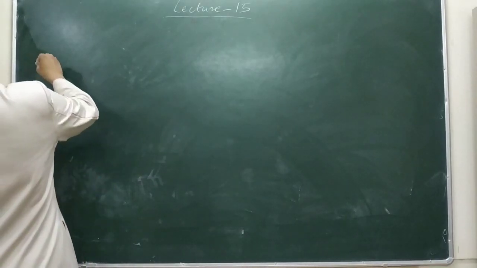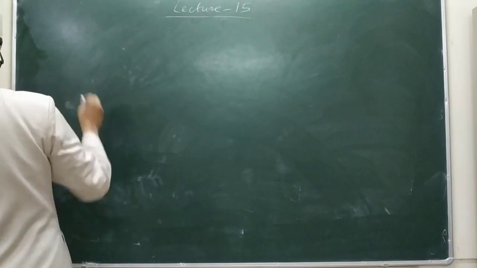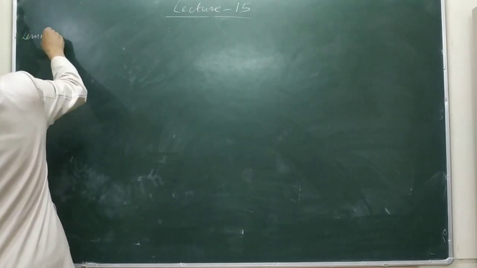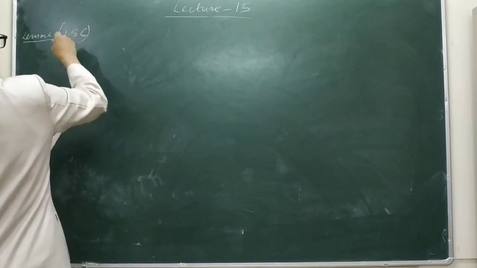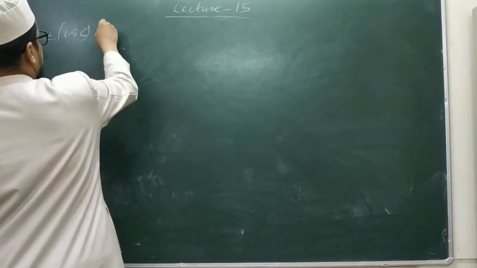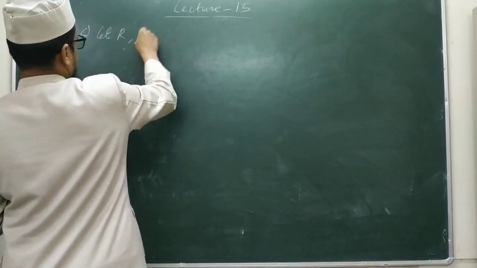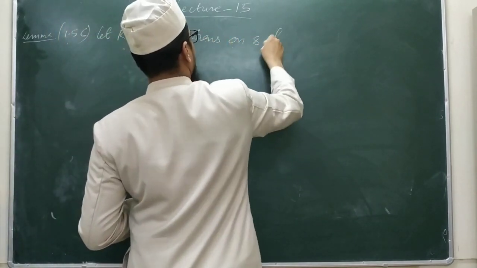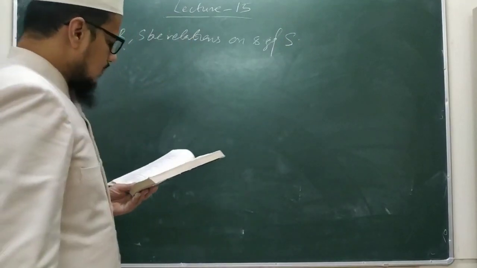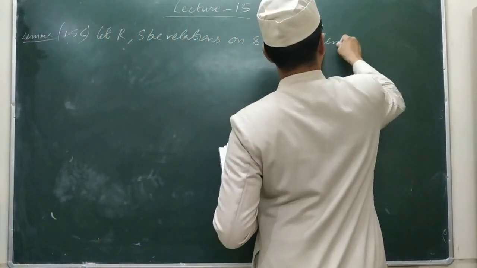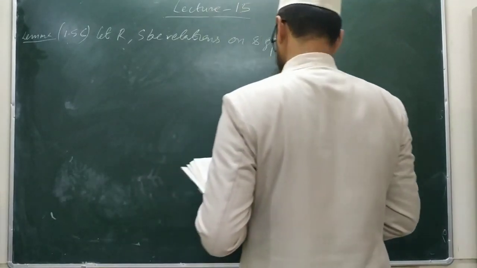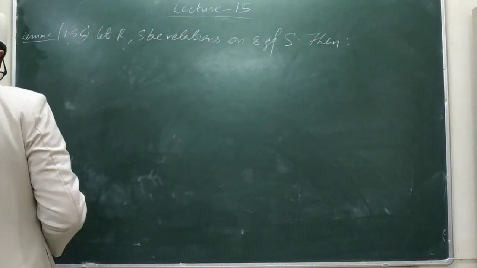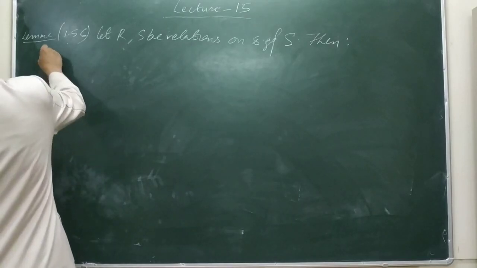Now you see Lemma 1.5.6. Let R, S be relations on a semigroup S. Then, I am just writing down what we have to prove.